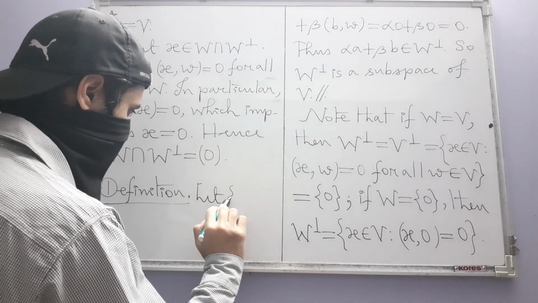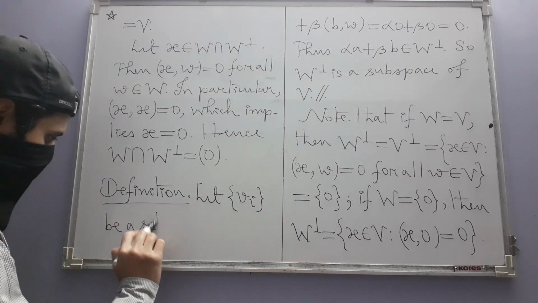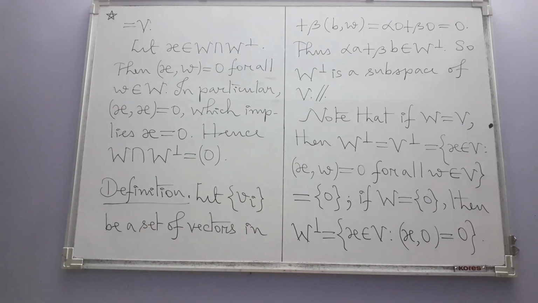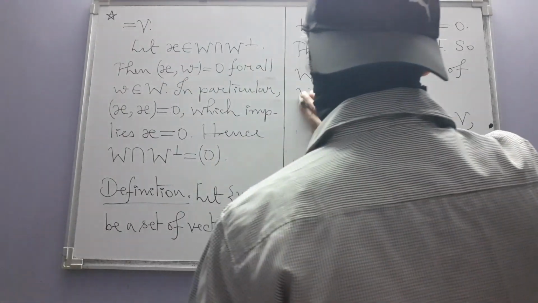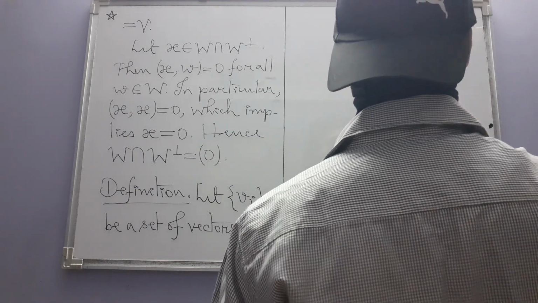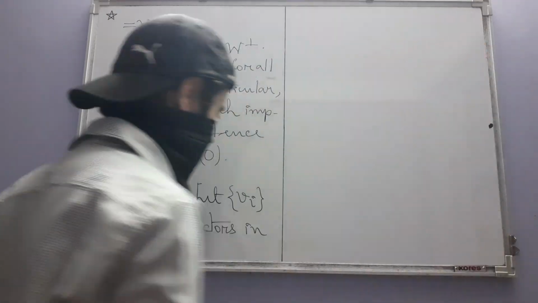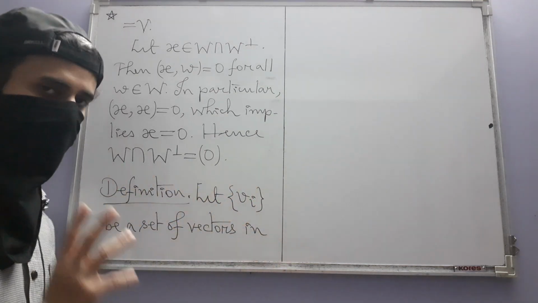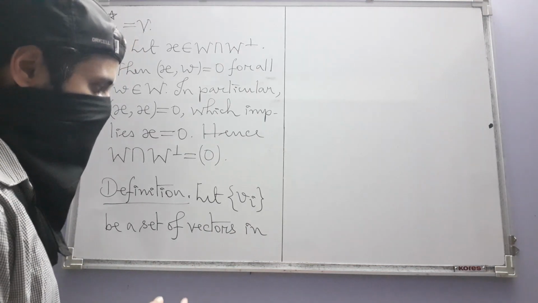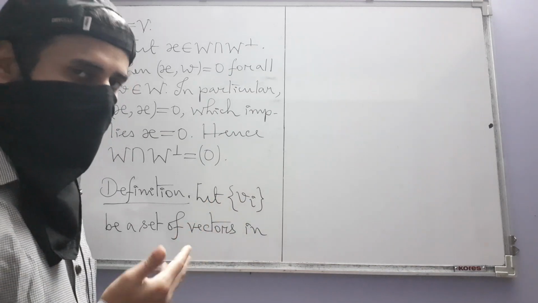Let Vi be a set of vectors in some inner product space V. Although in general we can just simply say let W be a set of vectors in an inner product space V, because we will mostly be working with finite dimensional inner product spaces in which we will have to consider this type of sets that we are now defining, that's why the author has chosen to write Vi.